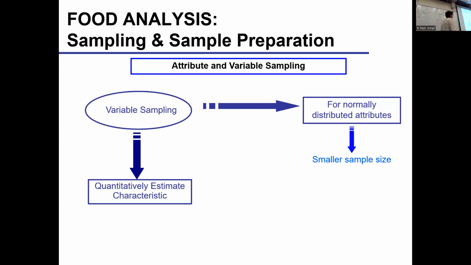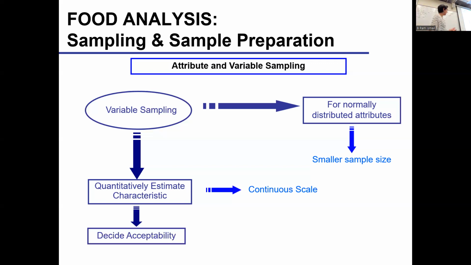And usually it's a quantitative measure and you measure it on a continuous scale. So how much is your moisture content or ash content? It's measured on a continuous scale from 1% to 100%, for example, with decimal points in the middle. Then you decide acceptability based on certain specifications, certain quality desired by the company, by the consumers, by government regulations.